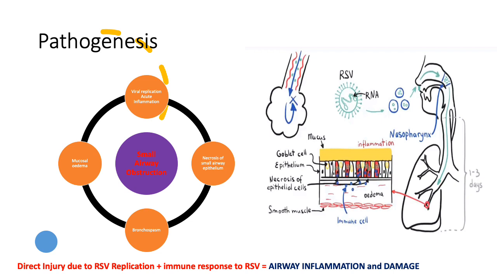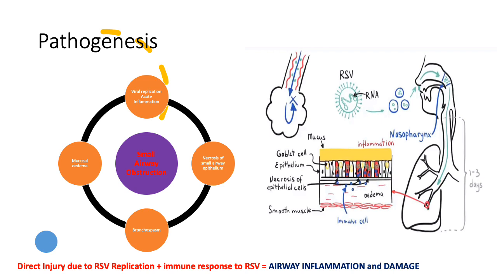So coming to the pathogenesis, once an infant acquires the infection through the droplet route, there is acute inflammation, necrosis of small airway epithelium, mucosal edema, excessive mucus secretion and bronchospasm. These are the hallmarks of acute bronchiolitis, all of which ultimately lead to airway edema.